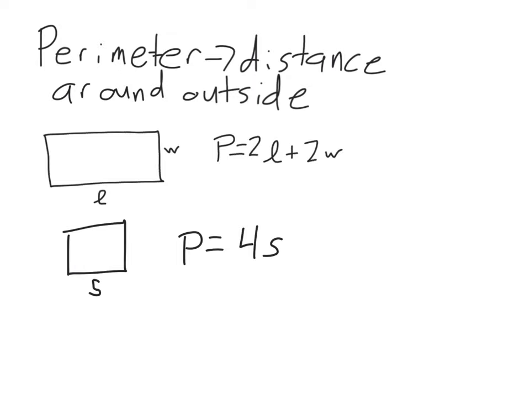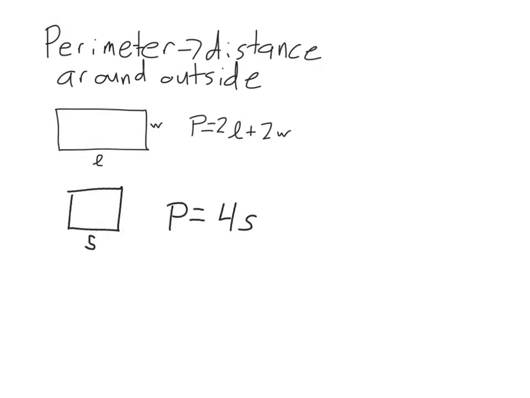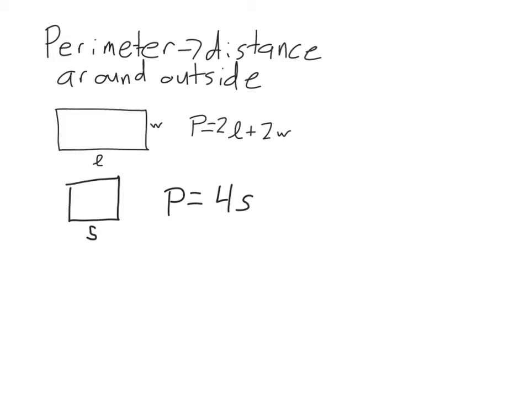Okay, now we've done a rectangle and we've done a square. Let's also do a parallelogram. What's a parallelogram? It's a special type of shape. It's parallel to each side. Yeah, it's like that. Well, what word do you hear in parallelogram? Yeah, parallel.